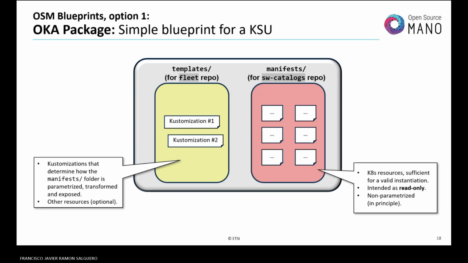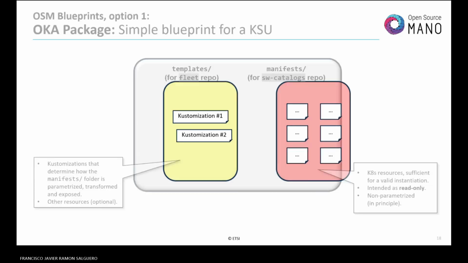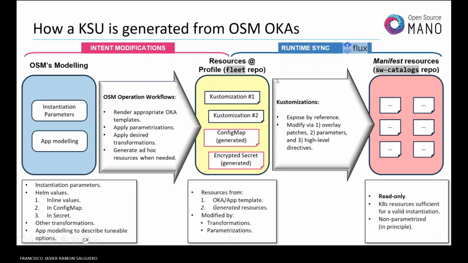Going from the simple, the OKA package has two components, essentially. What are called the templates, which are a collection of customizations to be parameterized, some indications of what can be changed in them, and a collection of manifests that are read-only. Read-only, because they will be used by reference. So in practice, when I'm instantiating, I have some input parameters, values, whatever, that are specific to that deployment.